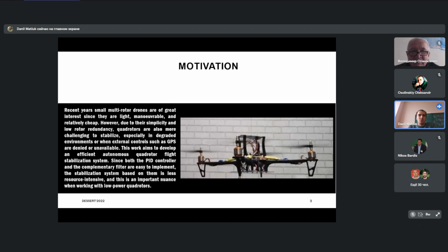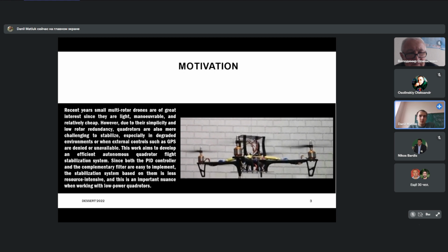In recent years, small multi-rotor drones have been of great interest in science. They're light, maneuverable, and relatively cheap. However, due to their simplicity and low rotor latency, quadrotors are also more challenging to stabilize, especially in cluttered environments or when external controls such as GPS are denied or unavailable.